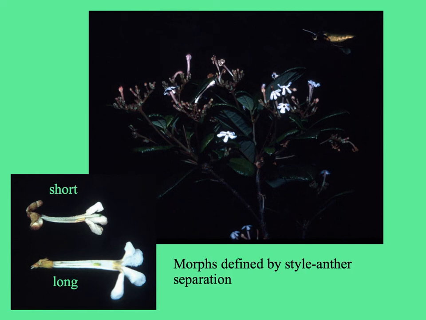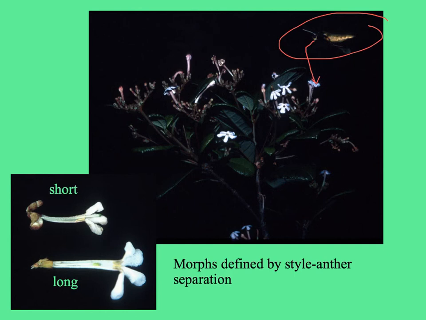Here's a photo of this plant. It's dark because the flowers are open mostly at night, and in the upper right-hand corner, maybe you can see this flying cigar. This is actually a hawk moth, which has its proboscis into the flower where it's picking up pollen. Here are longitudinal sections of flowers from two different plants.